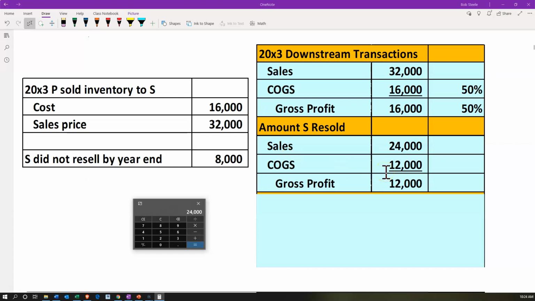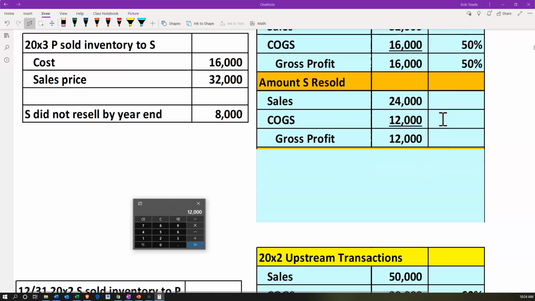And then the cost of goods sold, I'm going to take that 24 times the cost of goods sold percent, or 0.5, to get the 12,000. There's the 12,000. 24 minus the 12,000 will be the 12,000 here, or you could take that 24 times the 50% as well for the gross profit margin percent.